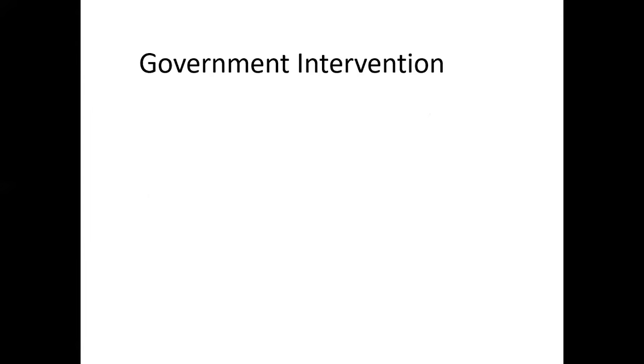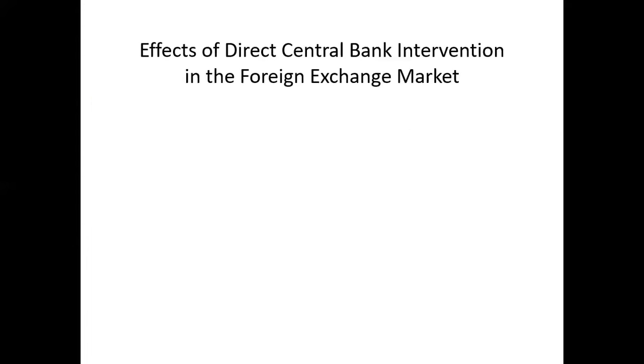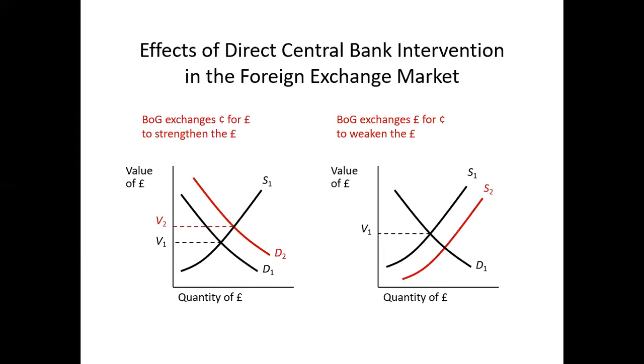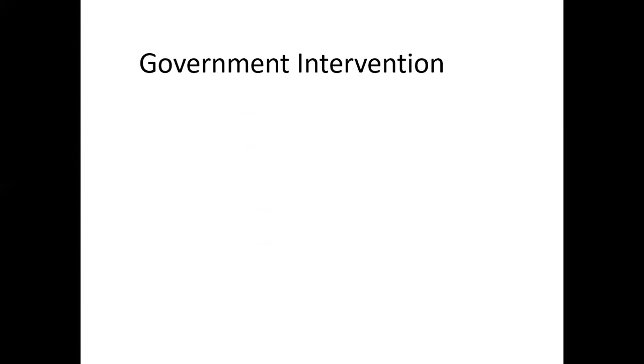As I said, direct intervention and indirect intervention, where government does it through the factors that affect exchange rate. And we've done the factors already. We've talked about interest rates, income, inflation and all those factors, all right? So that is direct intervention and indirect intervention.